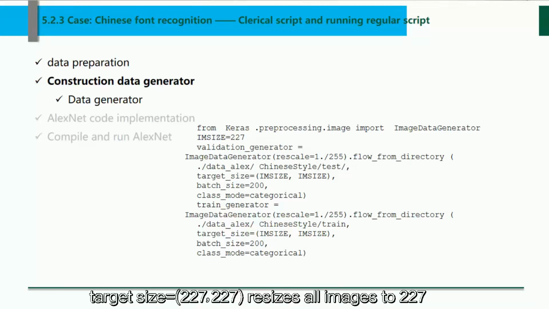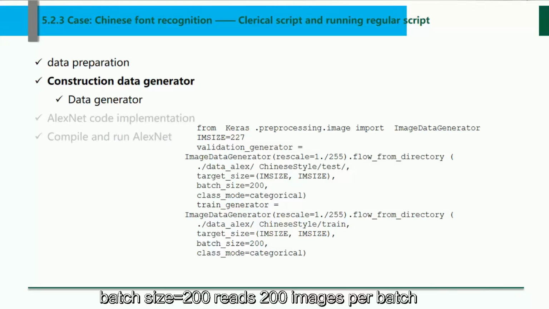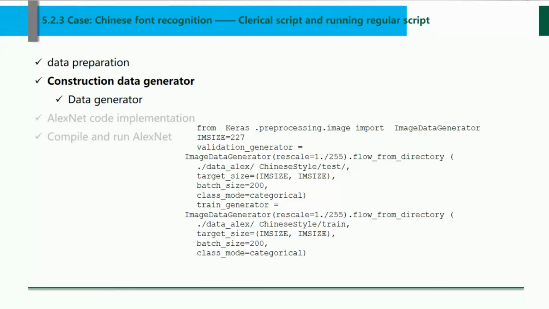Target_size equals 227, 227 resizes all images to 227 multiplied by 227. Batch_size equals 200 reads 200 images per batch. Class_mode equals categorical means one-hot labels.